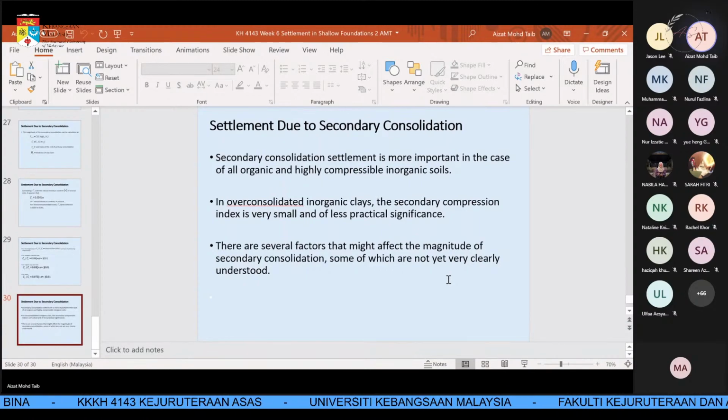To be honest, clay is a very unpredictable soil in terms of behavior. That's why clay has a very wide range of behavior analysis compared to other soils. For example, sand, when it's dry, is very clear.